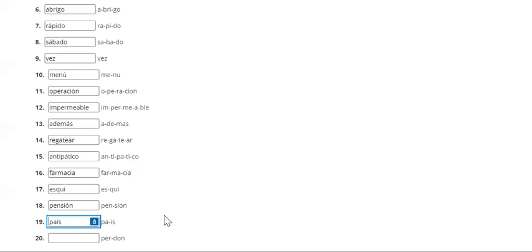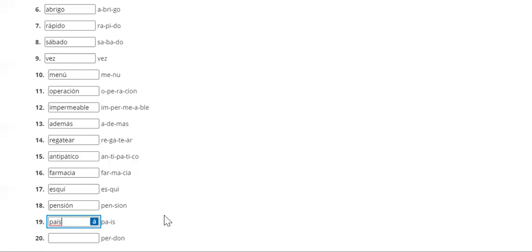It's país, país. We are going to stress the second syllable, which, when a word ends in an S, should be the second to last syllable that's stressed. But that would break all sorts of rules. We can look at a few different rules from this word alone. País, país, two syllables.